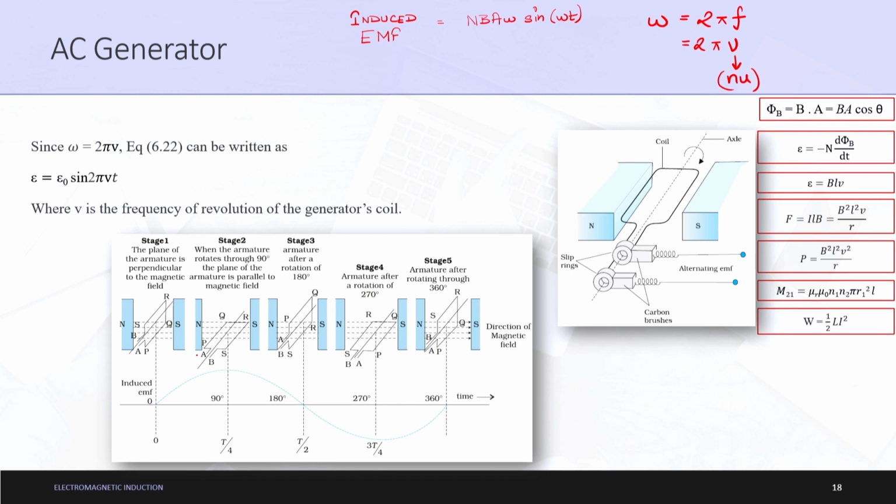What does it imply? This maximum value here is nothing but N B A omega. The y axis is induced EMF, the x axis is time, so it can be written here also.